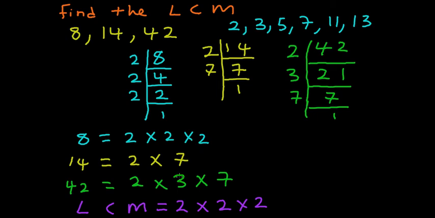Then we move to the next factor, 3. 3 is not appearing in 8, quite alright. It's not appearing in the factors of 14 also, but it is appearing in the factors of 42.